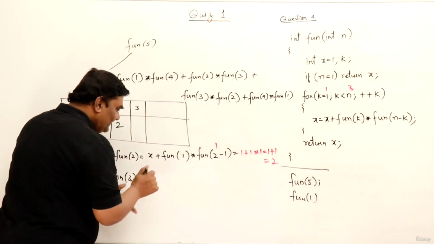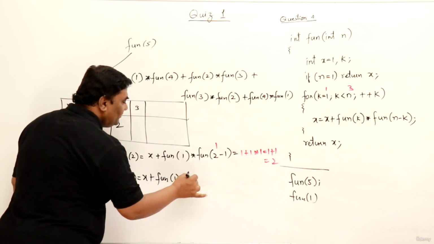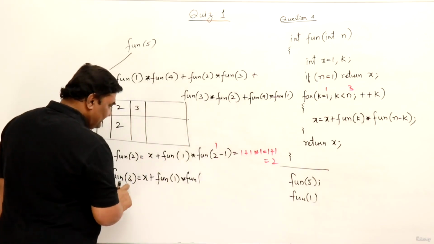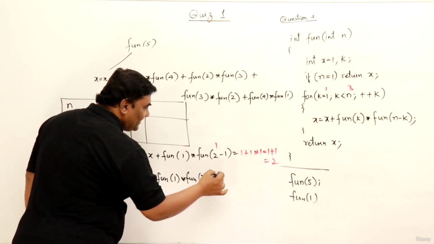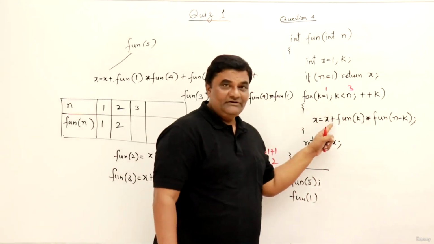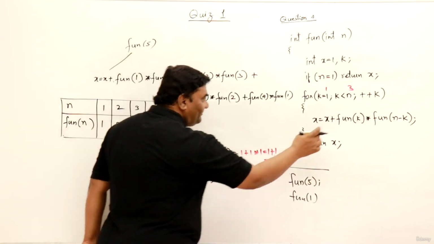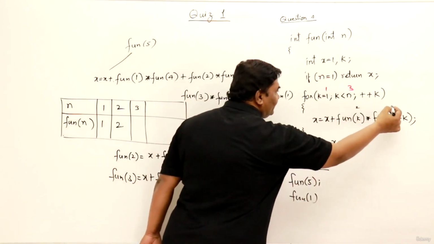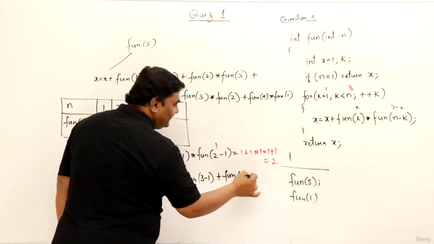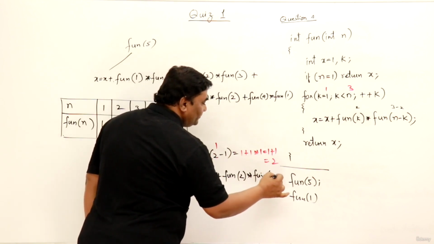So x plus fun of k is 1 and fun of n minus k. What is n? 3. So 3 minus 1. Plus, one more time it will repeat and be added in this one only. This time fun of k is 2, so this is 3 minus 2, so fun of 2 into fun of 3 minus 2.